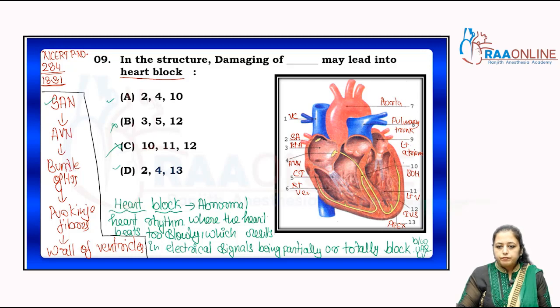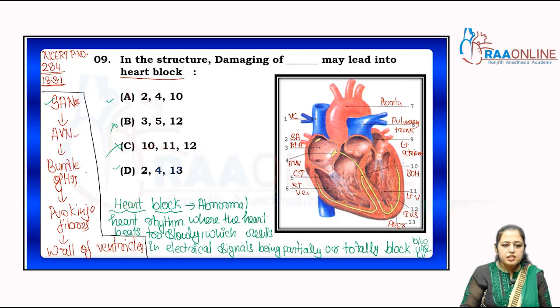Second is the AV node, number 4, that is 2 and 4, which is given in both options A and D.